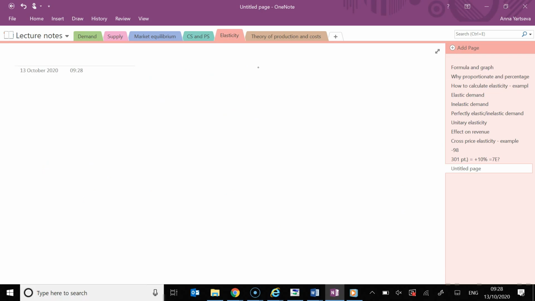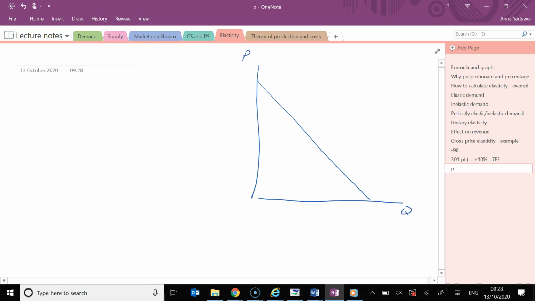Even if you draw a graph which is a straight line, moreover a 45 degree line, elasticity will vary. It will not remain the same at each and every point on this demand line. It will not be equal to unity. It will vary at different points on this demand line. And this exercise is going to demonstrate this.